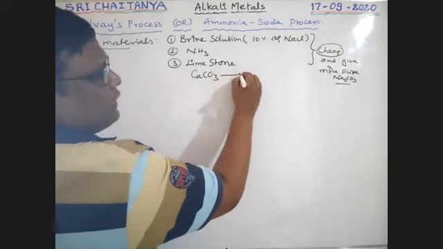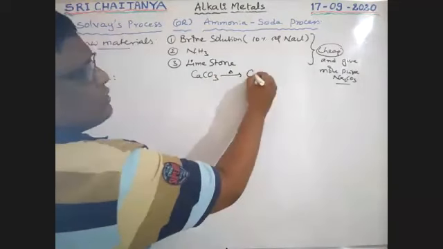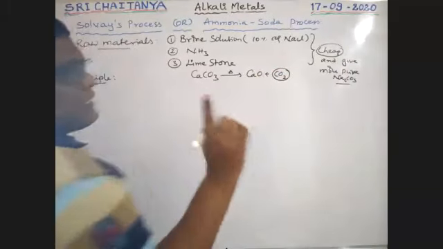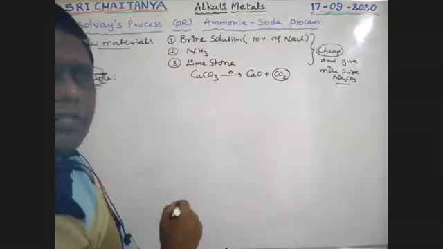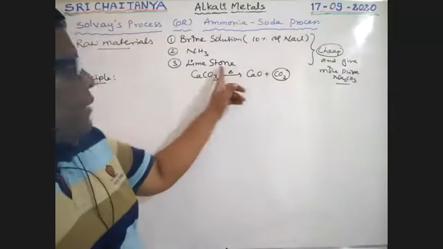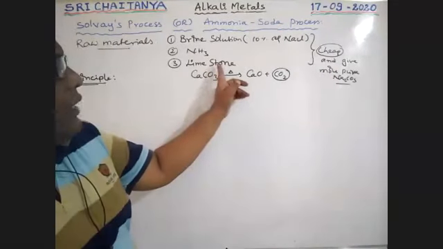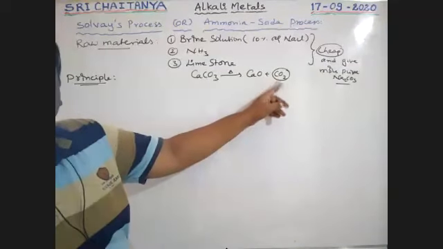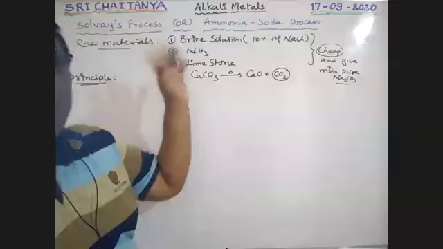This CaCO3 is heated and gives calcium oxide and carbon dioxide. This carbon dioxide is required to prepare Na2CO3. For this carbon dioxide purpose, I am using limestone. So that's why limestone is required. It is used for preparing CO2, and this CO2 is used to prepare Na2CO3.